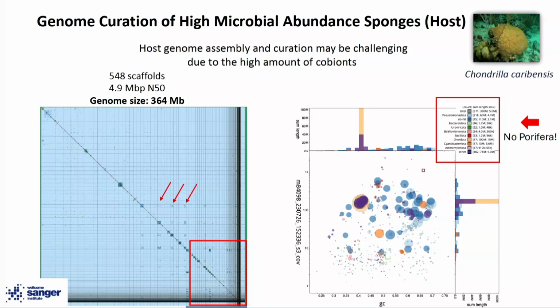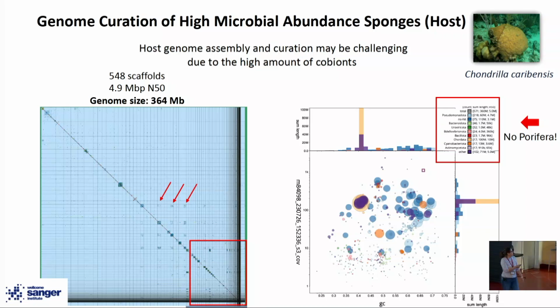For those who are not very familiar with a Hi-C map, it shows Hi-C signal that shows the affinity between the chromosomes inside the cell. We expect to see the strongest Hi-C signal only in the main diagonal. But as you can see, there are some regions outside this main diagonal, which possibly are misassemblies that we must correct during curation, or possibly are cobionts that also need to be removed during curation.